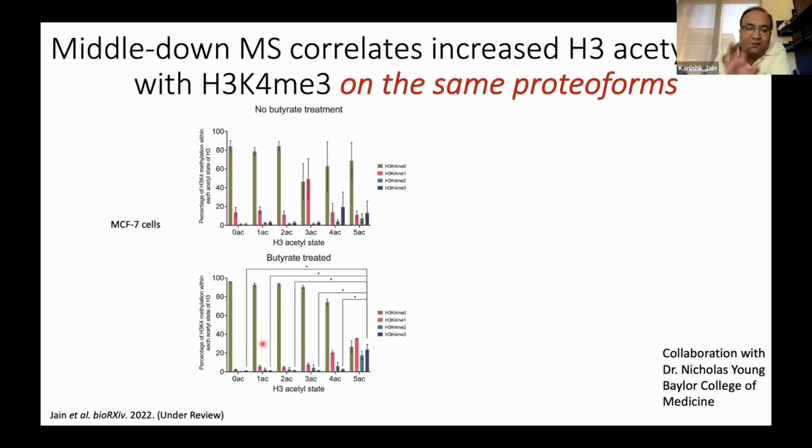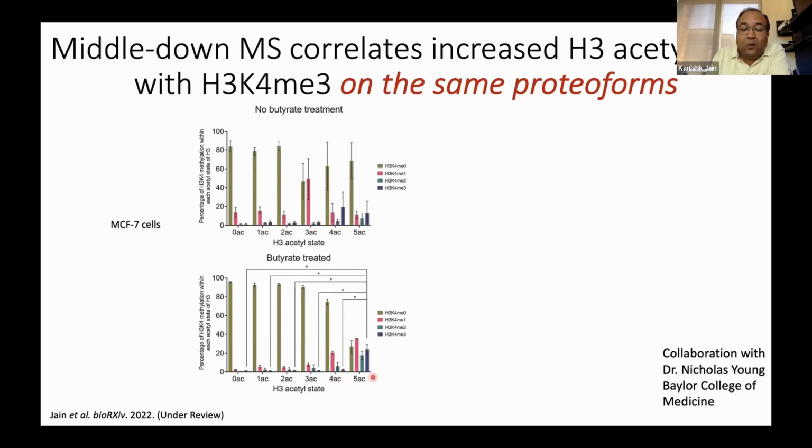So in the interest of clarity, we're not showing all of the statistically significant comparisons, but if you just look at the H3K4 methylation levels, each of these is significantly increased with respect to no acetylation in each of these higher-ordered acetylation cases.